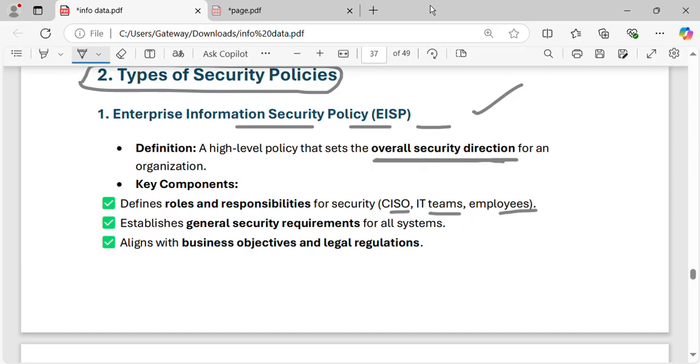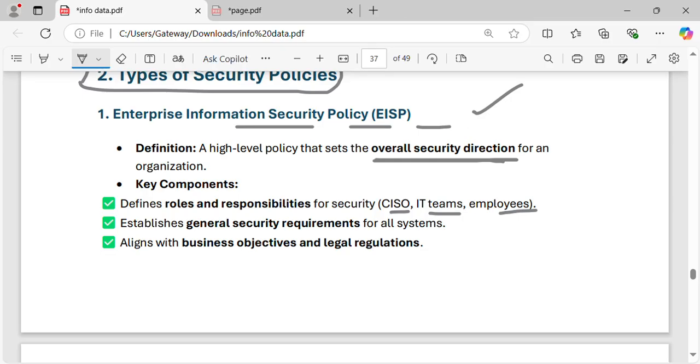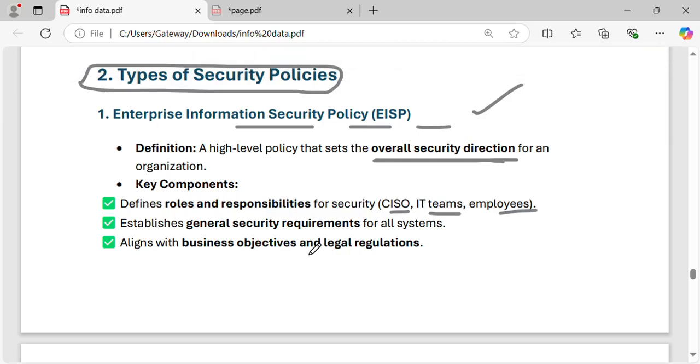Of course, there are going to be teams making sure that the policy works as expected. There are some types of security policies and some regulations of security policies. There are people involved in security. An enterprise security policy establishes general security requirements for all systems, right?